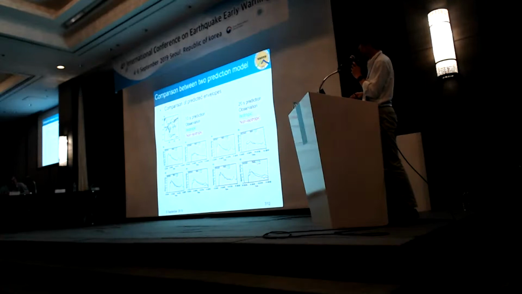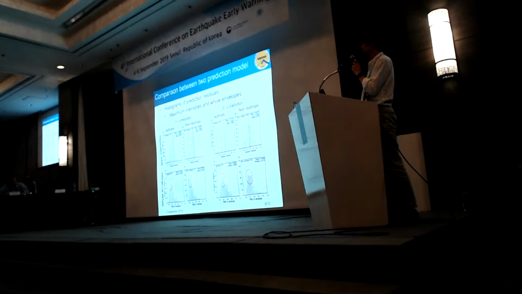When we focus on the maximum amplitude or maximum seismic intensity, the blue and the red predictions are almost the same in all of these figures. But when we focus on the whole seismogram envelope, you can see that the red envelope, the prediction by the non-isotropic scattering model, is closer to the observation than the blue one, the prediction by the isotropic scattering model.